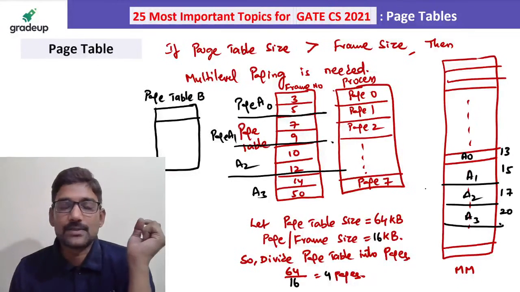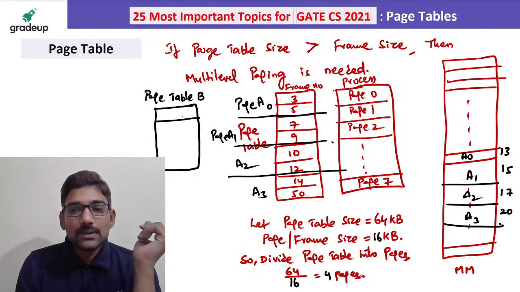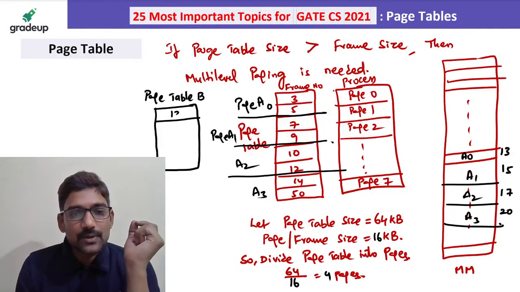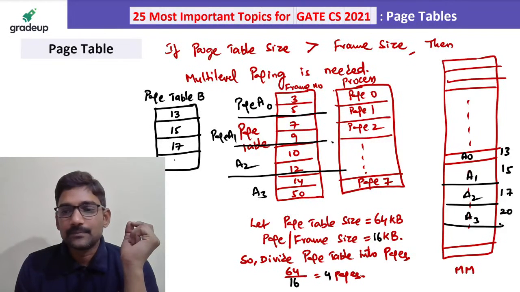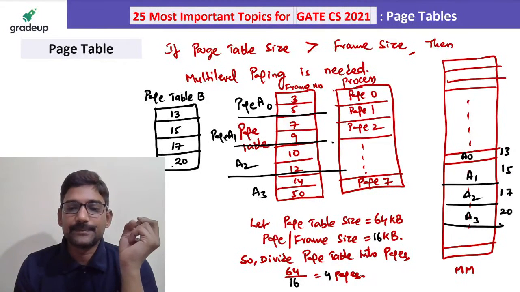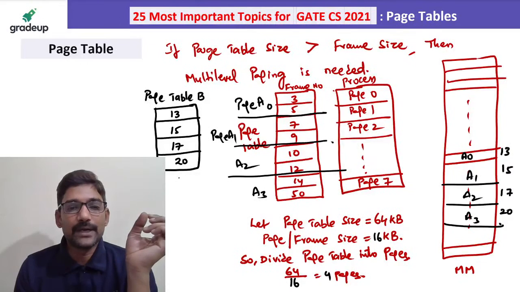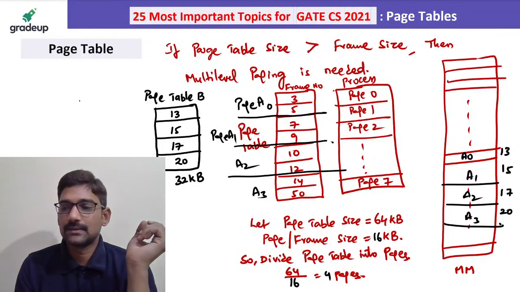Now this A0 is stored in frame 13, A1 in frame 15, A2 in frame 17, A3 in frame 20. So with 8 entries the size is 64, with 4 entries let this size be 32 KB. But 32 KB also exceeds the frame size, right?